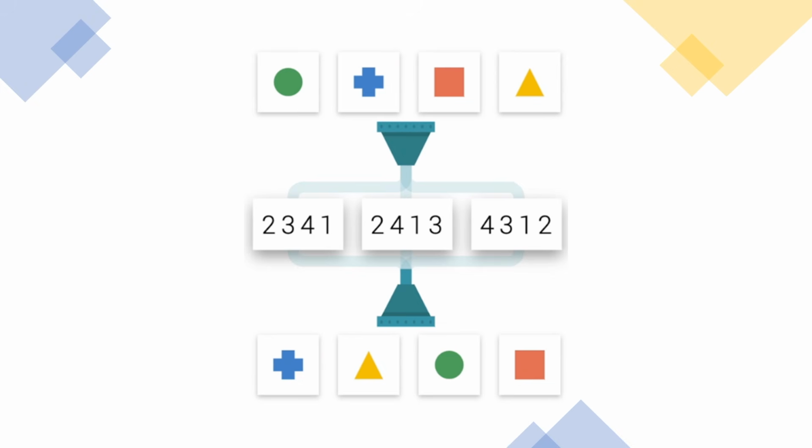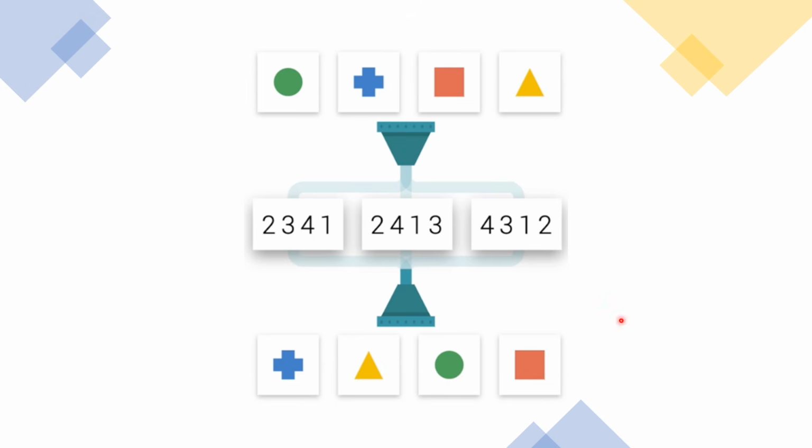So with the Switch challenge, essentially what's happening here is you have a set of shapes at the top. Then they go through this operation here, and the result is spat out at the bottom, as you can see by the set of shapes at the bottom here.